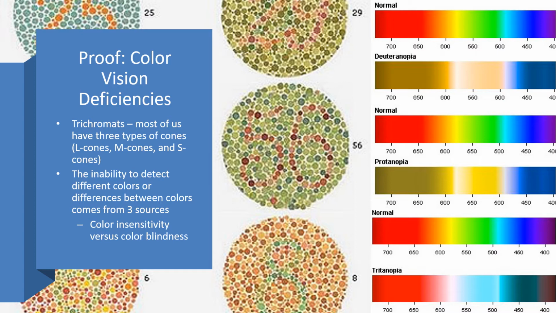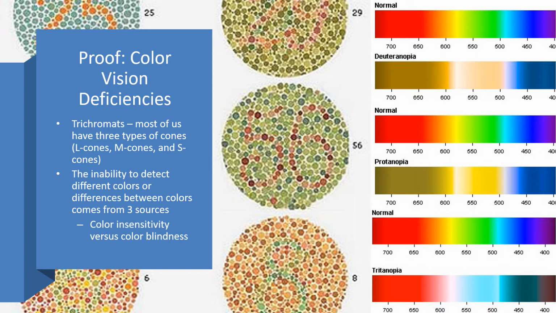And if we break these color deficiency or color insensitivity issues down, what we see is very concrete proof that color perception might come from the 3 types of cells that are responding.